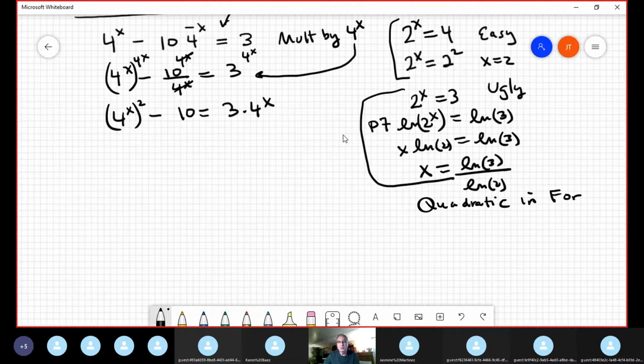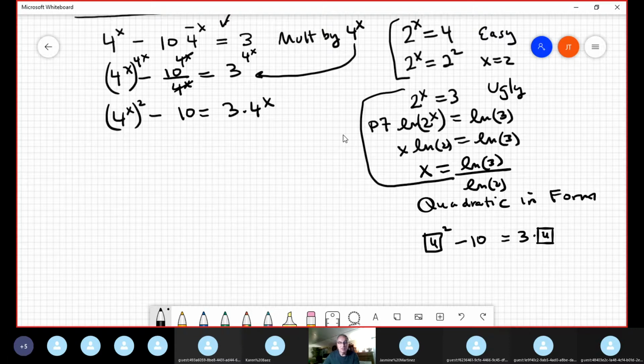This equation contains one expression. I don't care what expression. Square, like that. Minus 10 equal 3 times the same expression, but no square. Then you call this u squared. Actually, this is a quadratic equation.